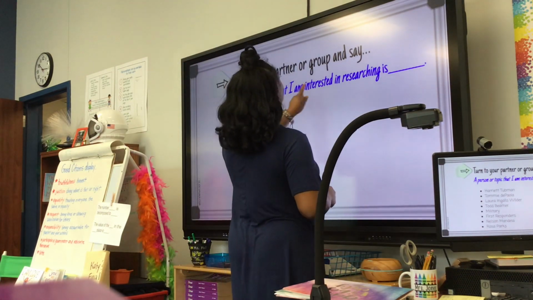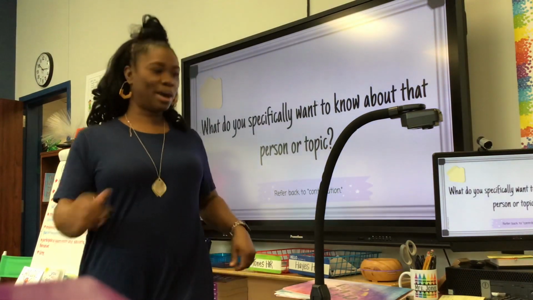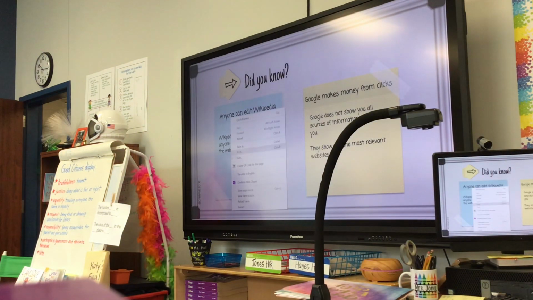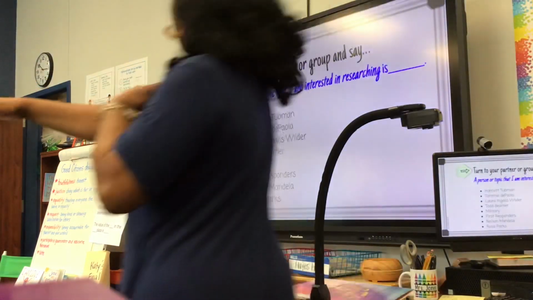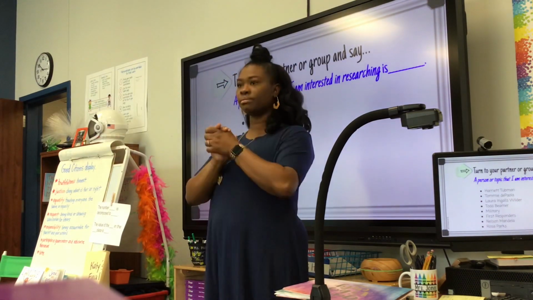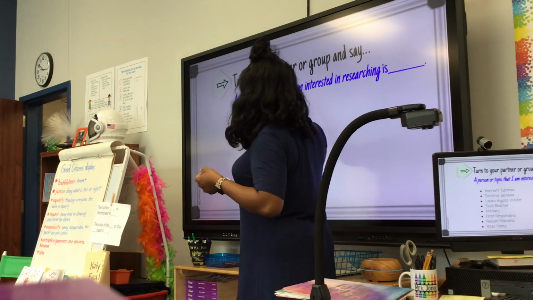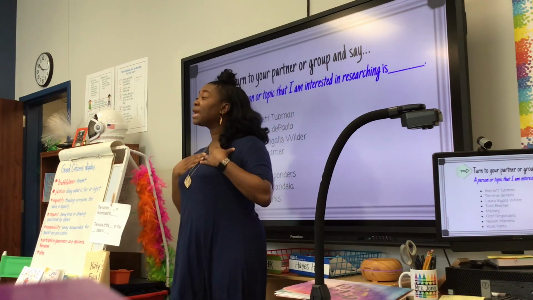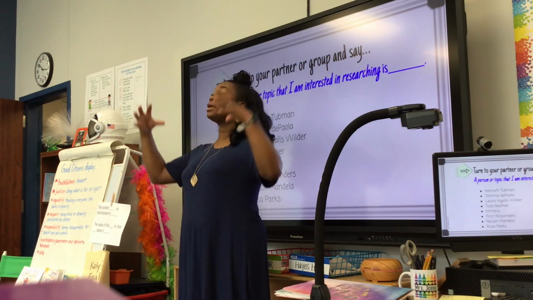A person that I am interested in researching is George Washington Carver. A person that I am interested in researching is Harriet Tubman. A person that I am interested in researching is Martin Luther King Jr. So you're going to plug your person in.